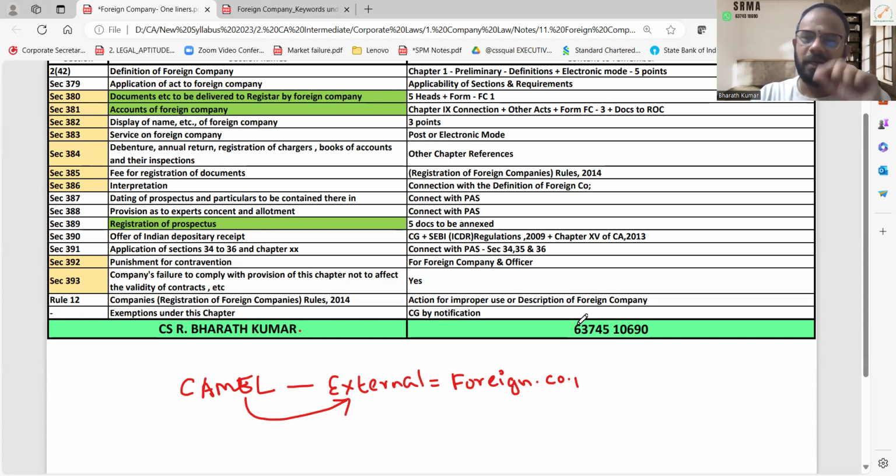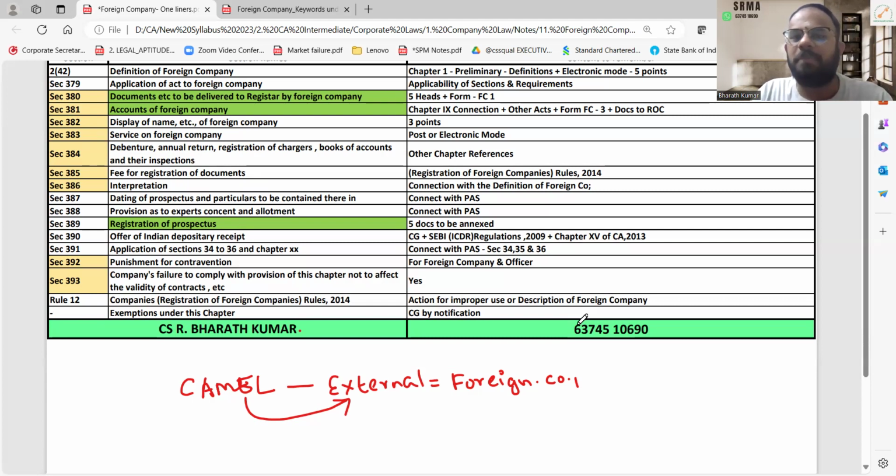So only after that they brought this particular chapter as chapter number 11 of your institute material. But as per the Companies Act, it is not chapter number 11, it is chapter number 22. Without knowing the first 10 chapters or the basics of them, you will not be able to cover this. So only I said this chapter is very simple, because those 10 chapters themselves, we made very simple.